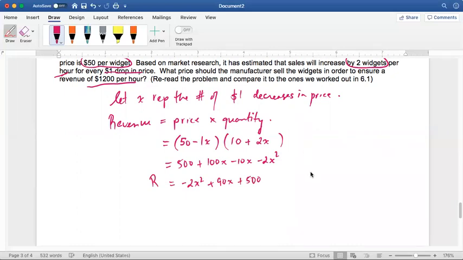Now, in the previous questions, we were looking for the vertex. What's the maximum revenue and when does it occur? Here we're looking for when the revenue is $1,200. So essentially we have to solve this quadratic equation.